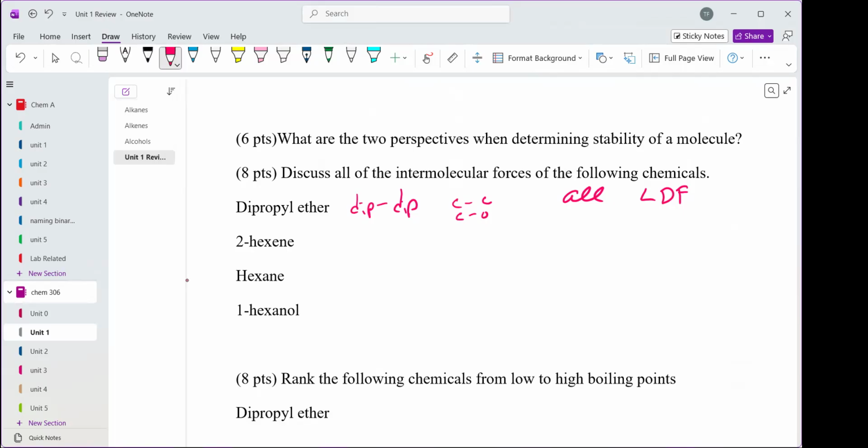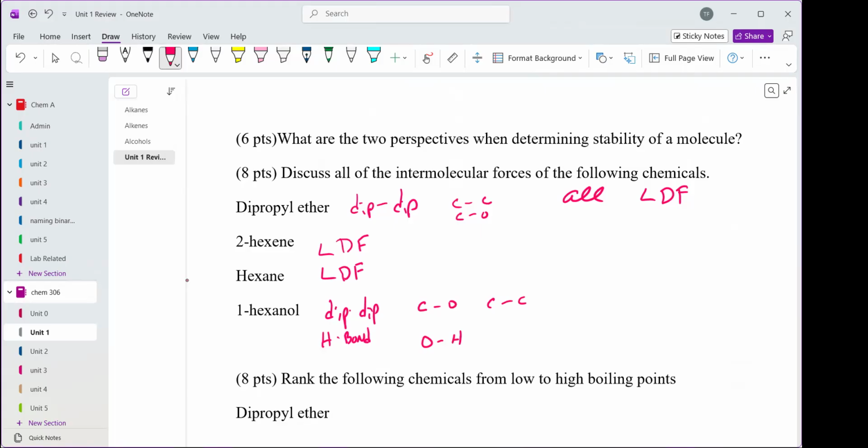Hexene, LDF only. Hexane, LDF. Hexanol, that's going to be dipole-dipole and H bonding. Dipole-dipole, that's between the CO, CC, and the H bonding is between the O and the H.